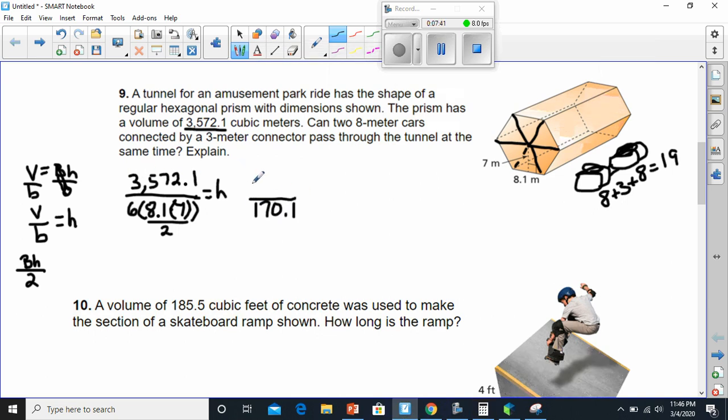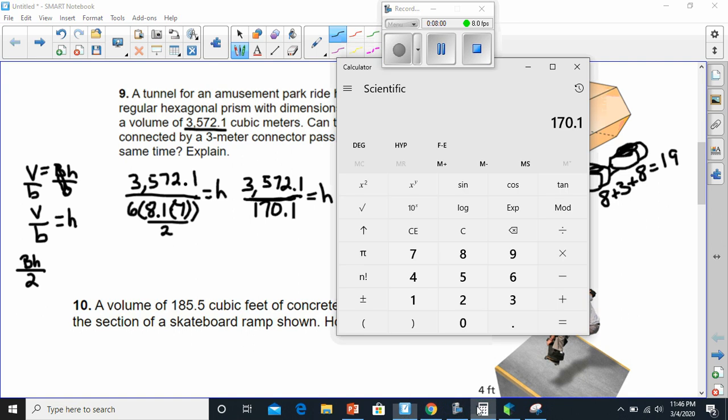All right, and then this is 3,572.1 divided by 170.1. And that's going to equal H. All right, let's try to solve that.